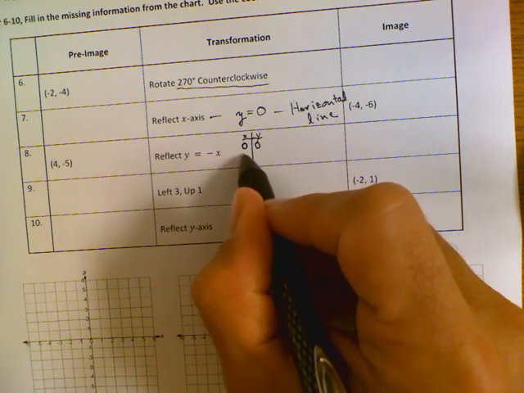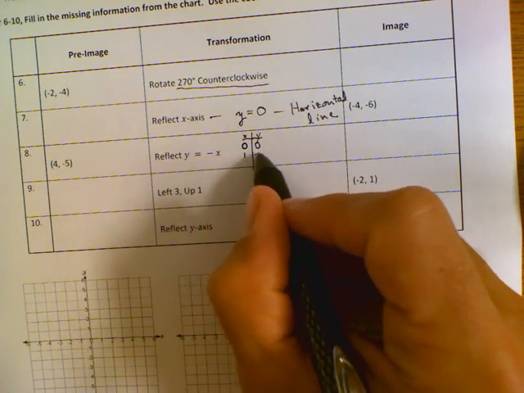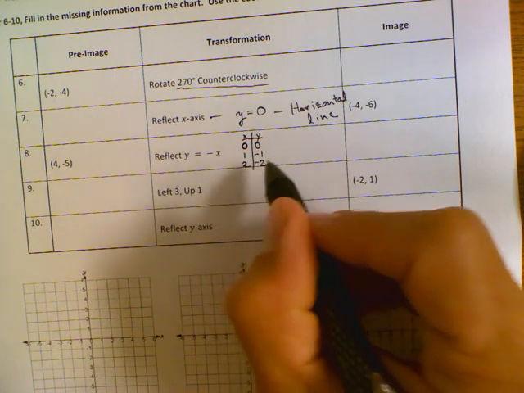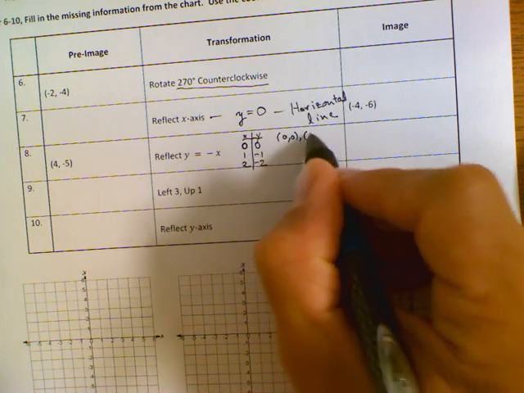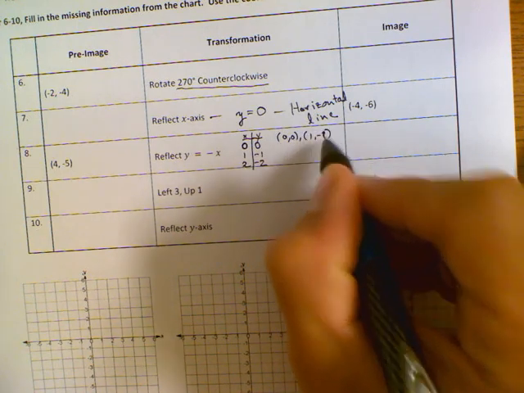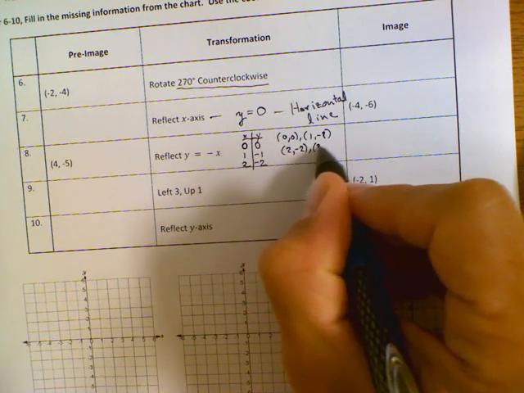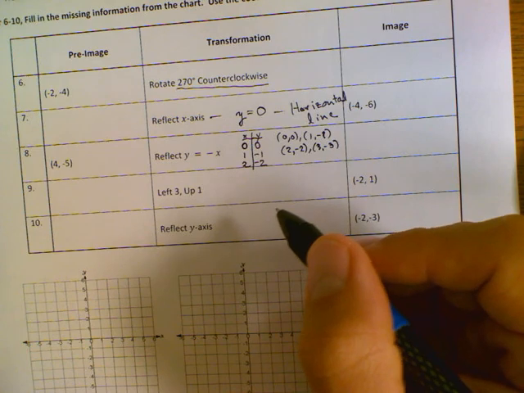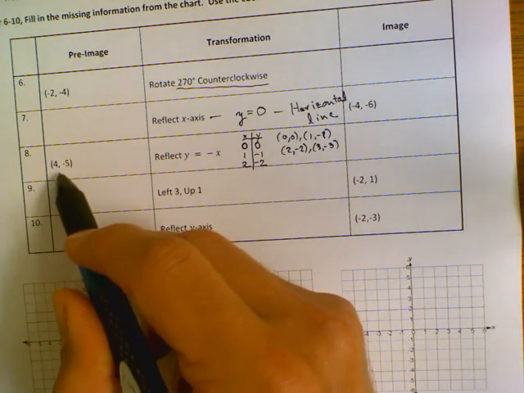But if you plugged in 1 for x, then you would get y equals negative 1. So negative 1, and then 2, negative 2, and so forth. So the points that this one goes through are 0, 0, 1, negative 1, 2, negative 2, 3, negative 3. So plot those points, make that line, and then reflect 4, negative 5 over that.